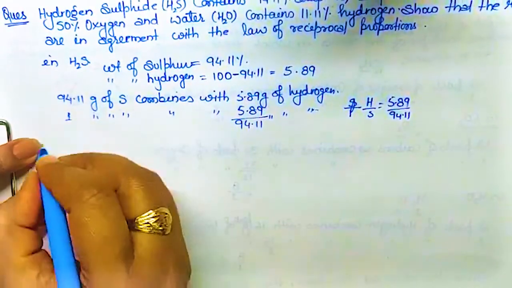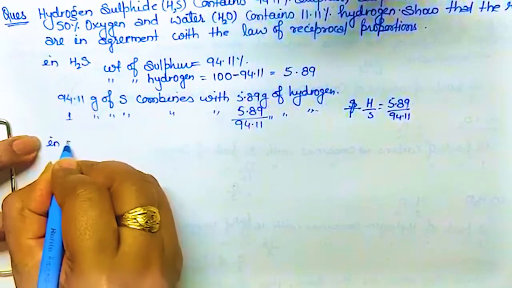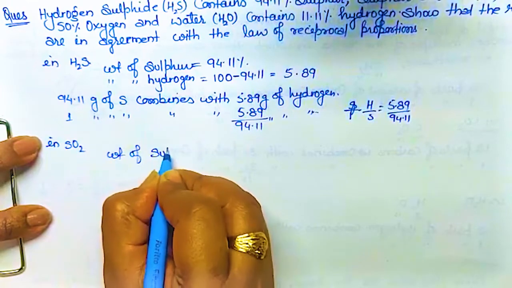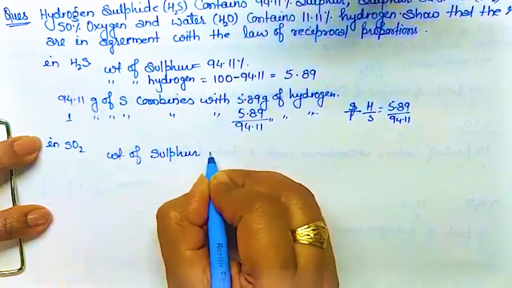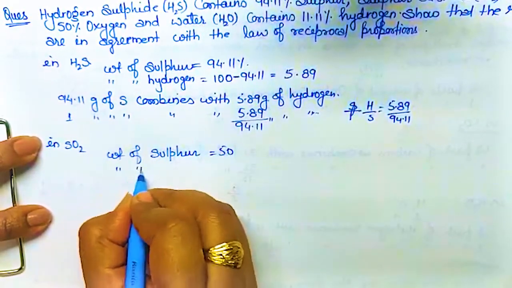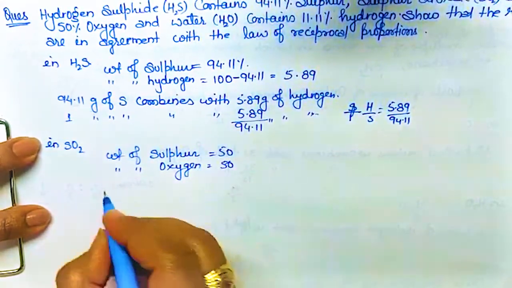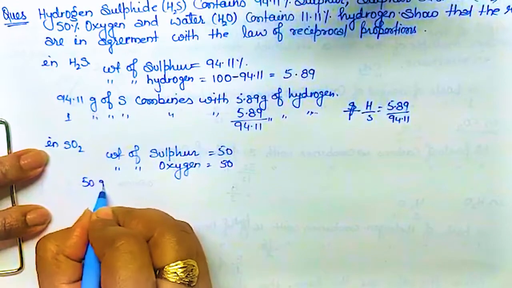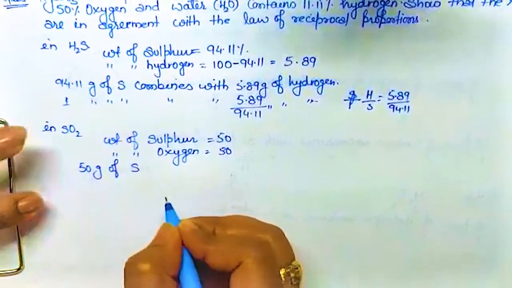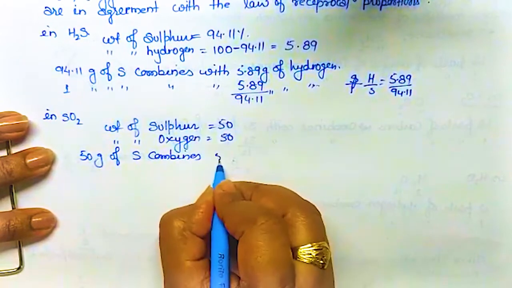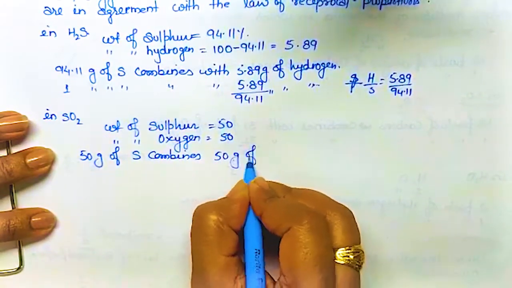Now, in SO2, the weight of sulfur is 50. So obviously the weight of oxygen will also be 50, isn't it? So you can write 50 gram of sulfur combines with 50 gram of oxygen.